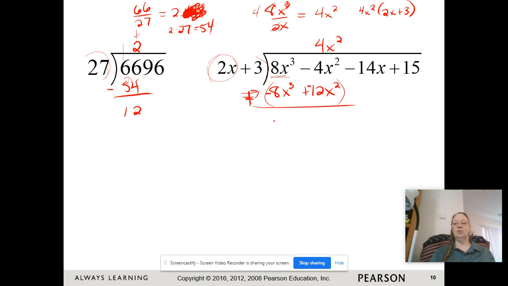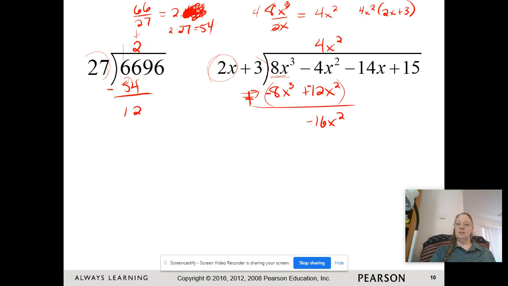It makes it easier. Just trust me on this. So if I have 8x cubed and I subtract 8x cubed, that gives me 0. And if I have a negative 4x squared and a negative 12x squared that I add together, I get negative 16x squared. Okay, so what we did was exactly the same here as we did over here.